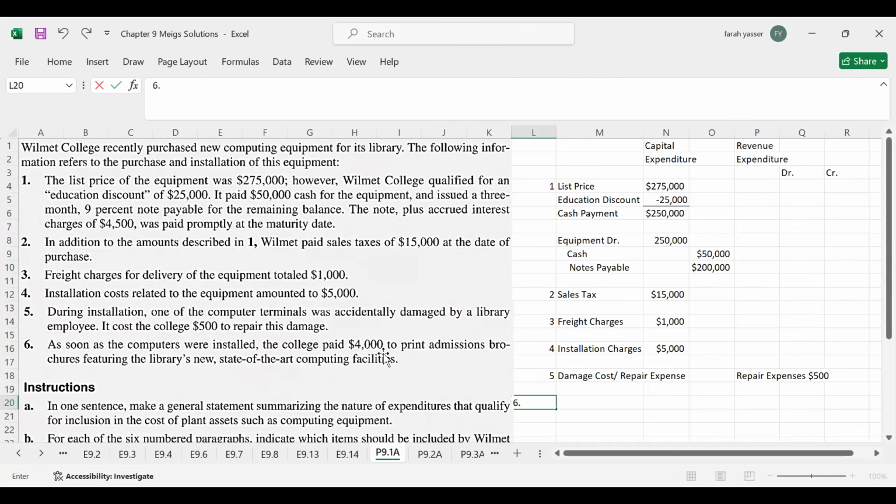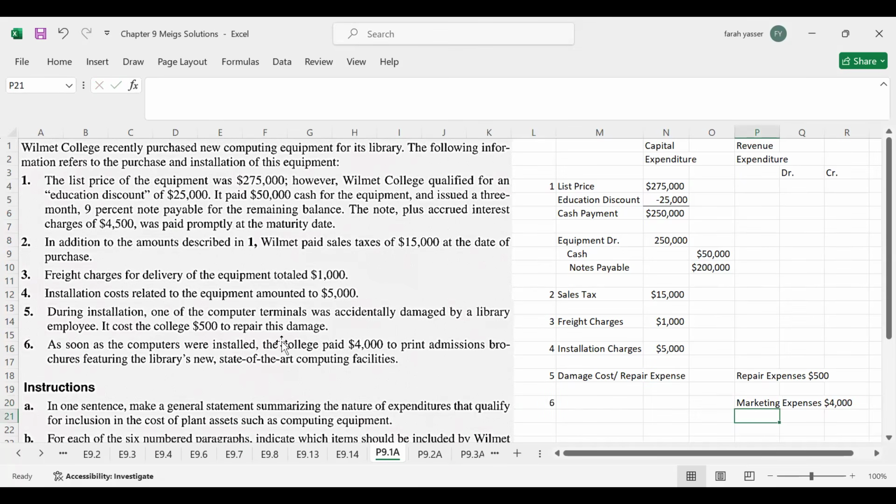Whereas in this example, these are separately printed brochures. So this is basically a revenue expenditure, or you can say marketing expense, and all expenses are debited. So we are going to debit it. This is recurring in nature, and this is called a revenue expenditure.